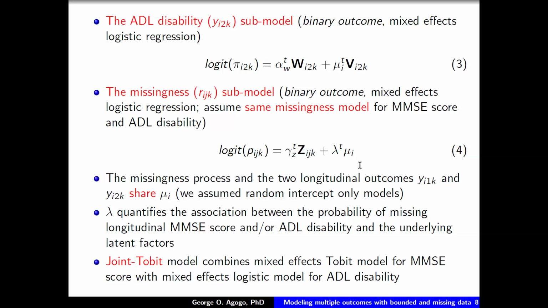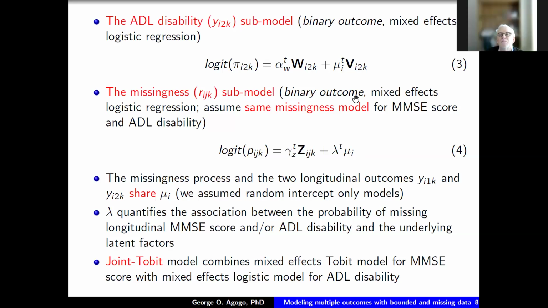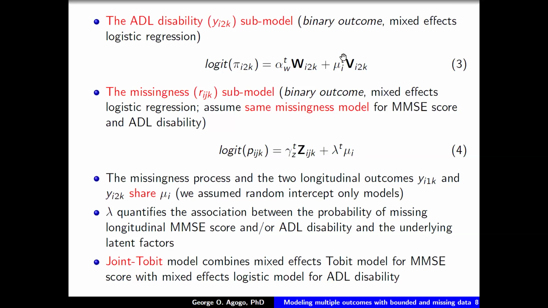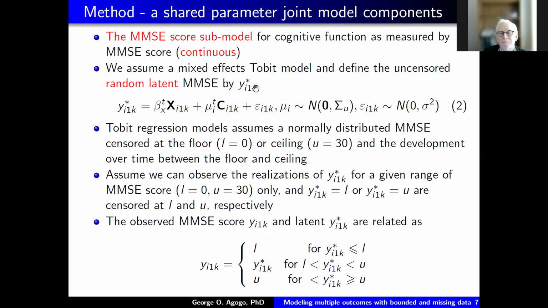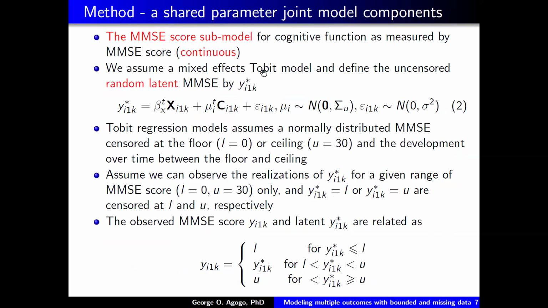So now, if you look at these submodels for the missingness, we have this mu here, and the same mu is also part of the functional disability submodel component, and the same mu is also part of the cognitive function component here.